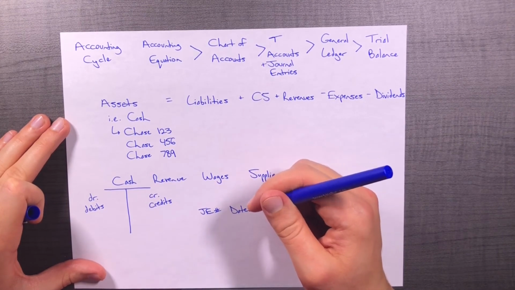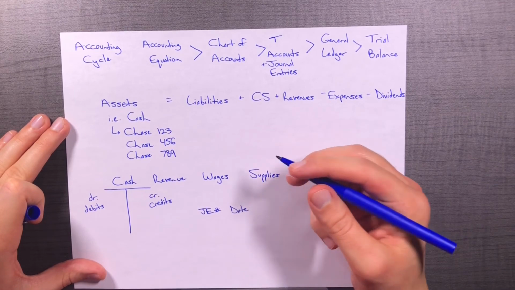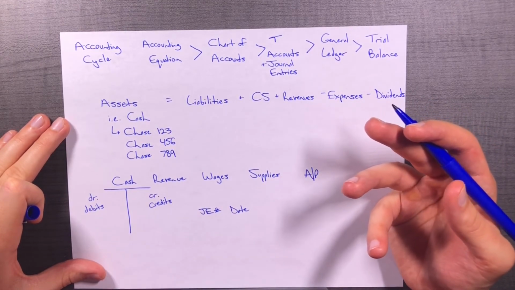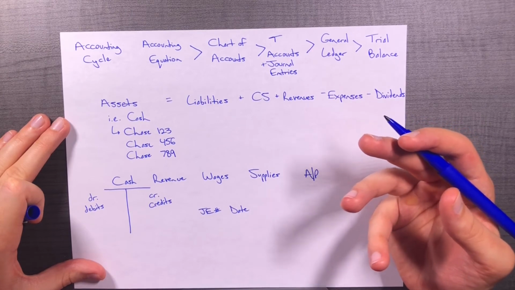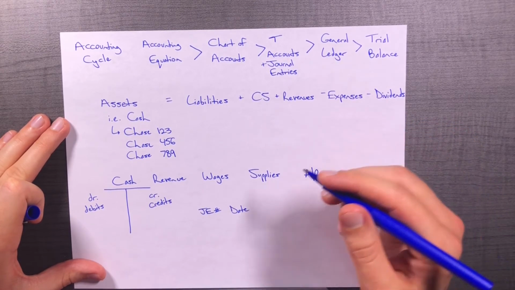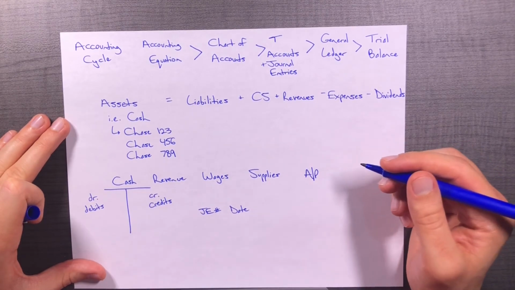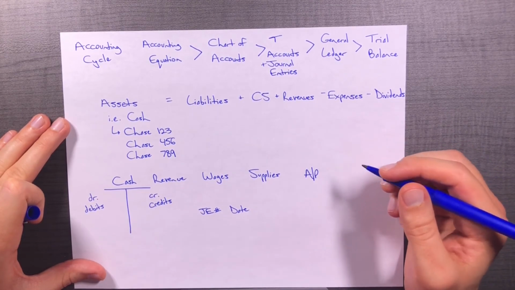Moving along, we list the account that is being affected. This is straightforward. The only caveat is that when booking journal entries, we typically show the accounts that are being debited first, then the accounts being credited underneath. Oftentimes, we will also indent the account being credited to distinguish the difference between debits and credits.